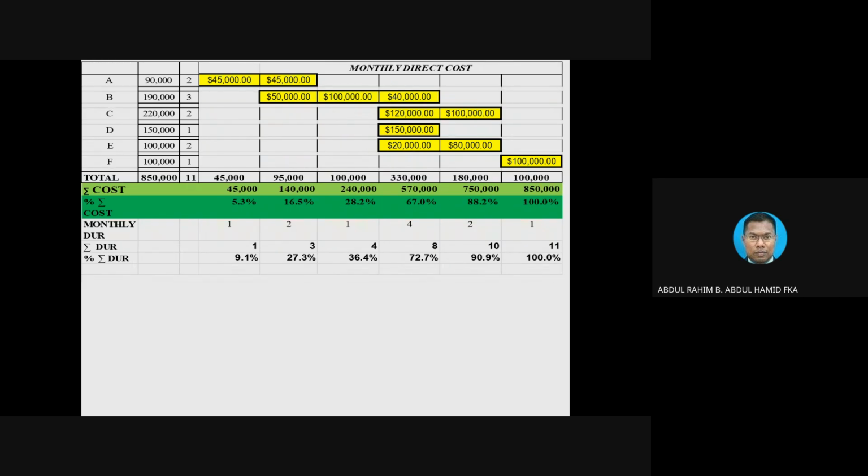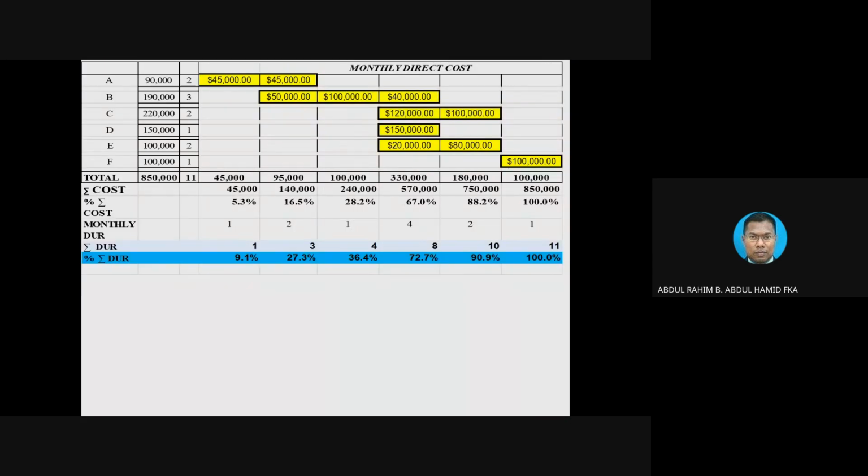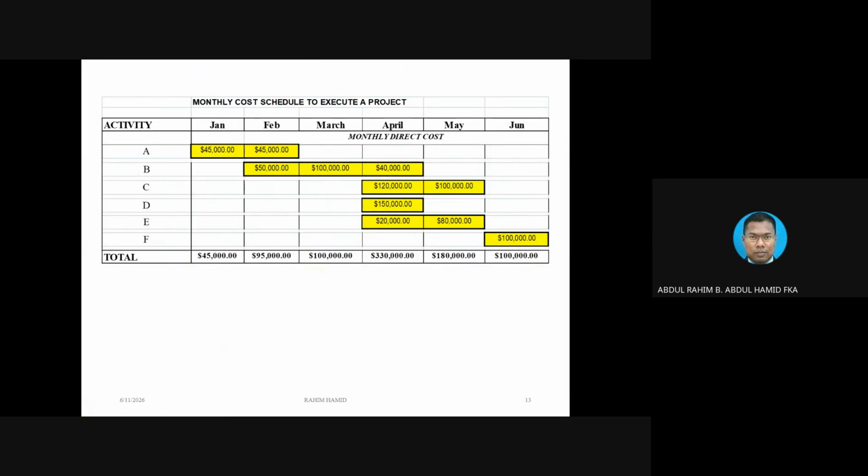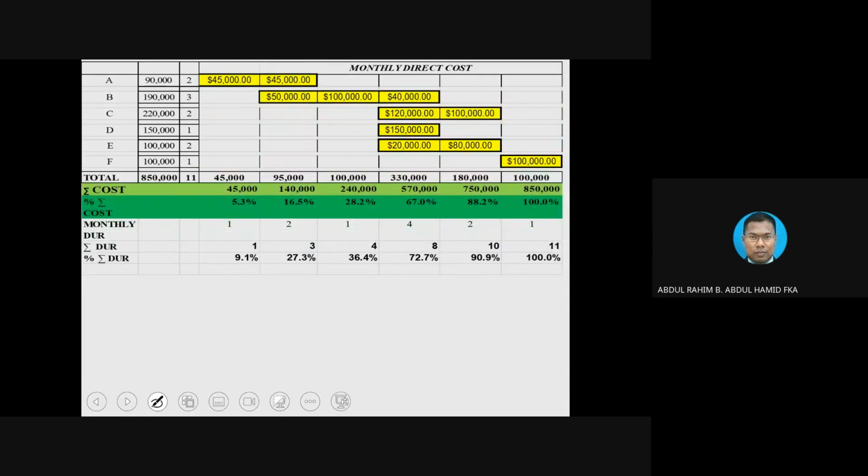The one I color in green, and another one here, I color in blue at the bottom here, because I am going to show you how we generate the S-curve based on the schedule.